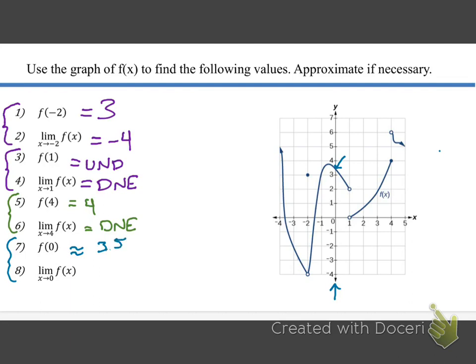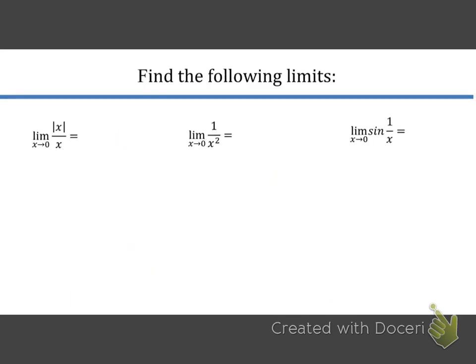It's about my best guess. I can't do a decimal either. There we go. And again, the limit says what it seems like should be there. As we come in from the left and as we come in from the right, it looks like it's also pointing at 3.5. So in this last case, the function value and the limit were actually the same thing because it pointed to and was defined at that same place, that same y value.